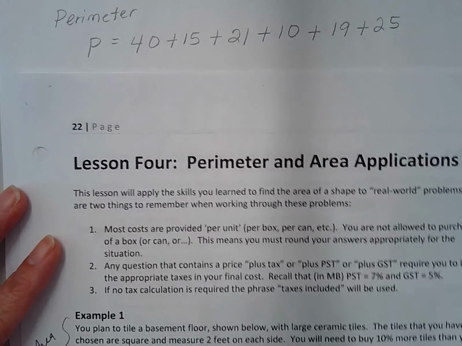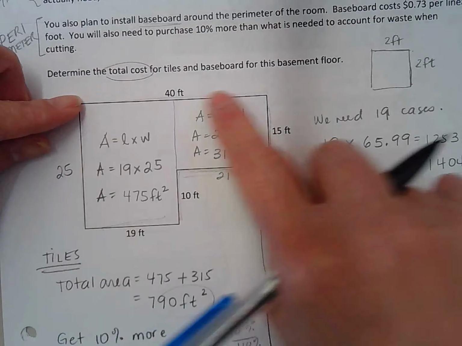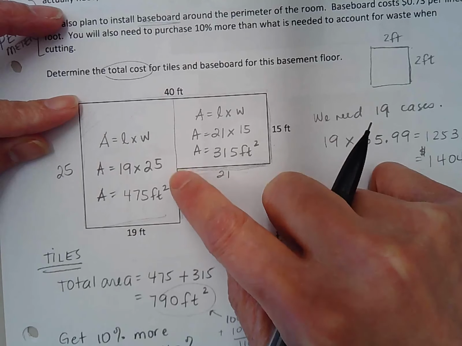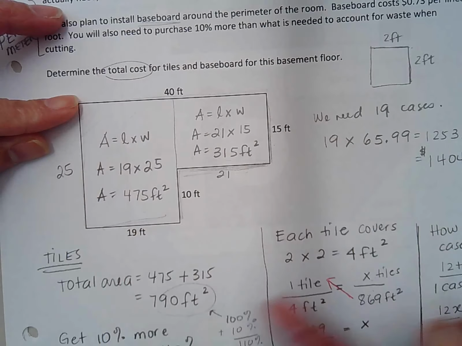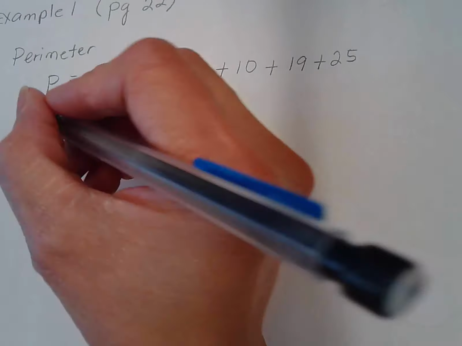6 sides, right? I'll put it up again. Don't worry. How many sides does this have? 1, 2, 3, 4, 5, 6. So 6 sides that we have to add up together. Okay. So what is the perimeter here?